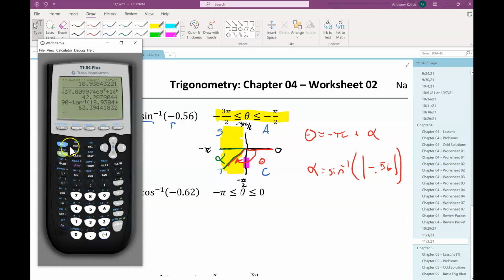So do negative pi plus sine inverse of 0.56. Oops, I'm in degree mode. Great googly moogly. So I should get about negative 255.